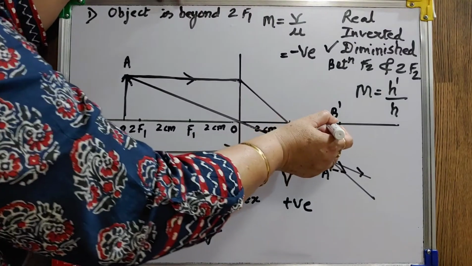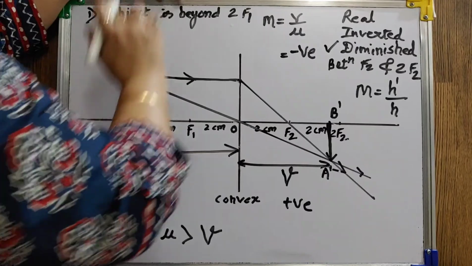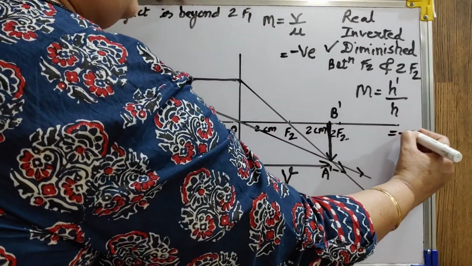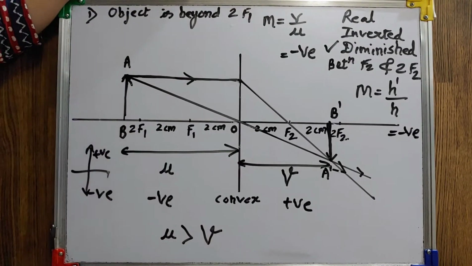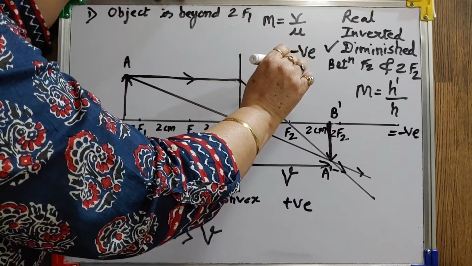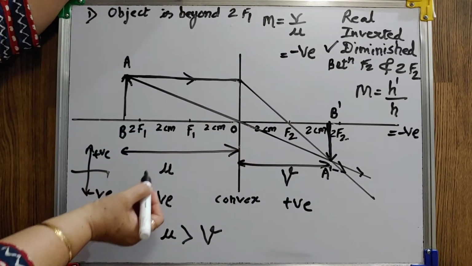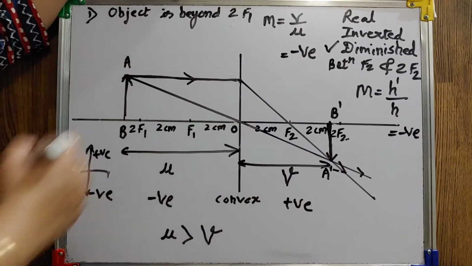So your height of image is negative but height of object is positive. So again in that case also you are getting negative ratio. So it is fixed. Whenever you are getting real image, your magnification is always negative. U is also negative, but V is positive.